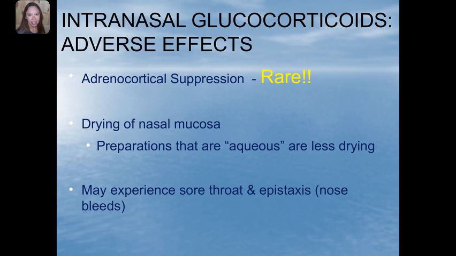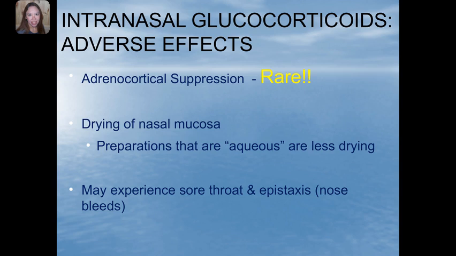What we more so see is localized side effects, such as drying of the nasal mucosa. Remember, what's happening? Well, the patient is having a runny nose when they're experiencing allergic rhinitis. Well, we're giving a medication to help dry up and clear up those extra secretions. Well, in the long run, though, we can end up drying it up too much.